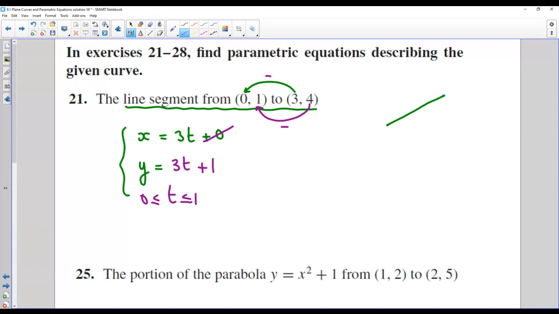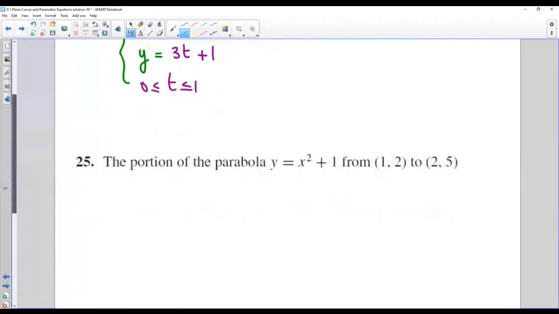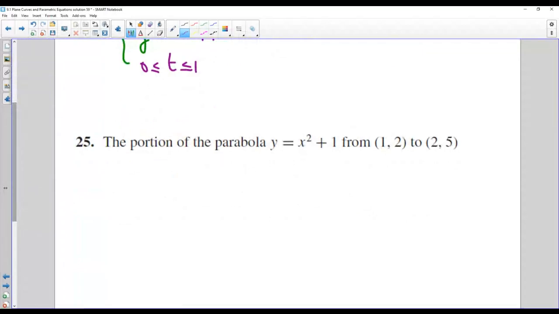Are we okay with this? Yeah? So just use the rule for parametrizing a line segment from one point to another. Again, this one we just did a moment ago, how to parameterize a portion or a piece of a curve like this. So what will be the parametric equations here?